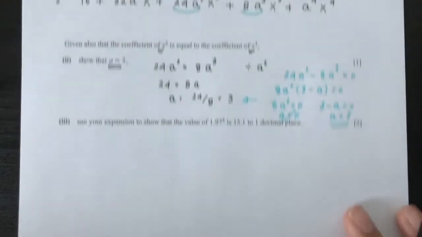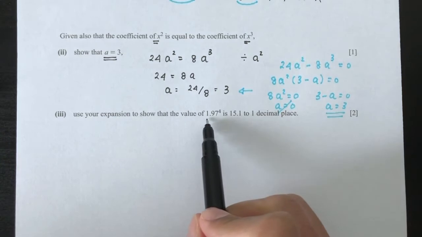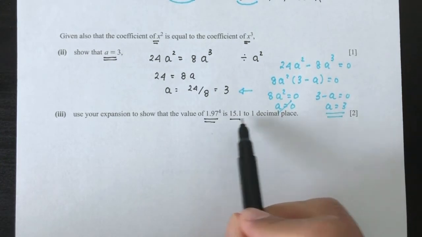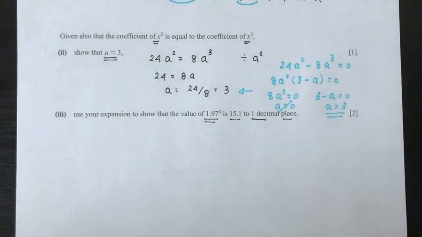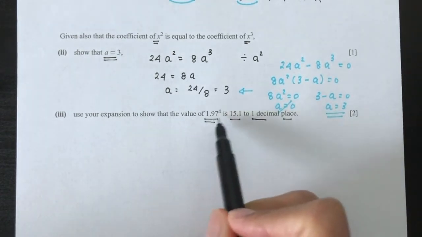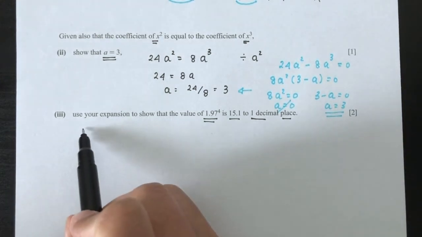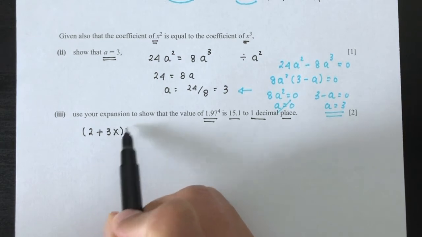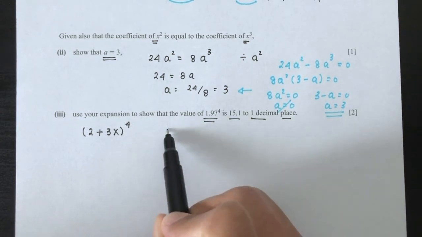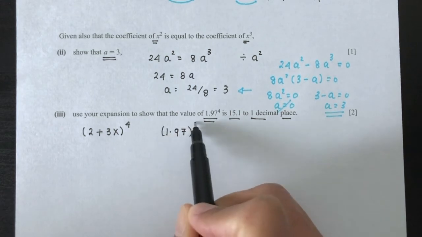Now for part 3, we have use your expansion to show the value of this is equal to this, correct to one decimal place. So now you have to observe how can you find this, right? So let's see. So our expansion was 2 plus 3x power 4, and here we want to find 1.97 power 4.